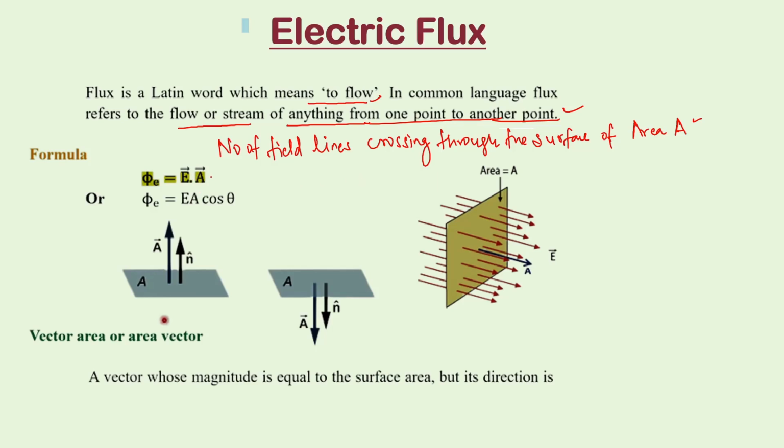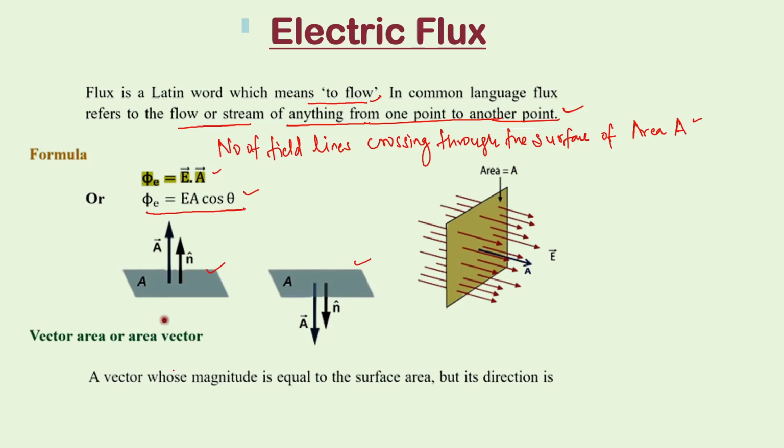So basically we can say that flux is the product of the magnitude of the electric field and the area vector A. So we can further write EA cos theta. Here area is taken as a vector quantity, whose direction is taken normal to the surface. It is above the normal, it is below the normal.